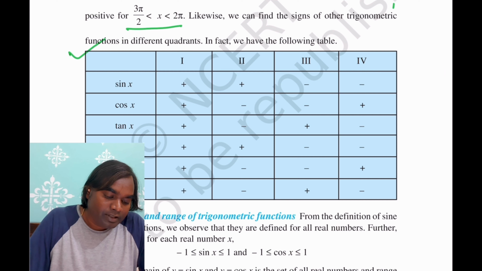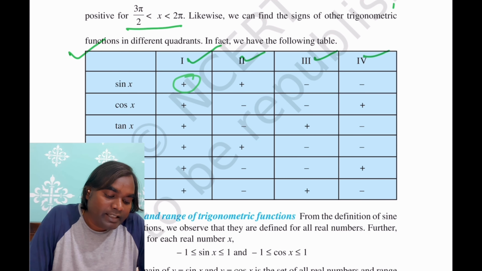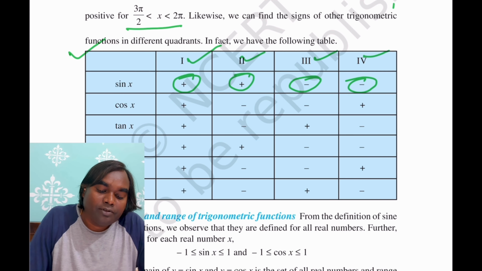So check this table. From this you can see the sign for different trigonometric functions in different quadrants. You can see that sin x is positive for the first and second quadrant and negative for the third and fourth quadrant.